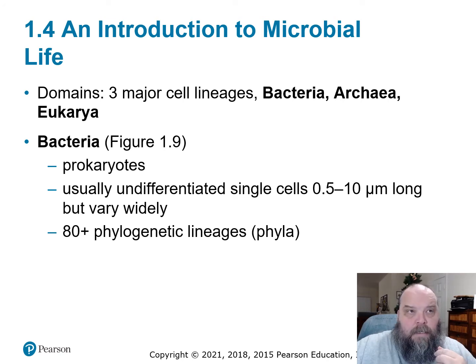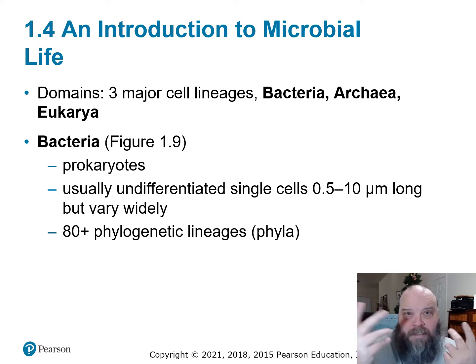Now we need to keep in mind, when you're thinking life here on planet Earth, pretty much all life falls into three categories, three lineages. Two prokaryote, one eukaryote. The two prokaryotes are bacteria and archaea.